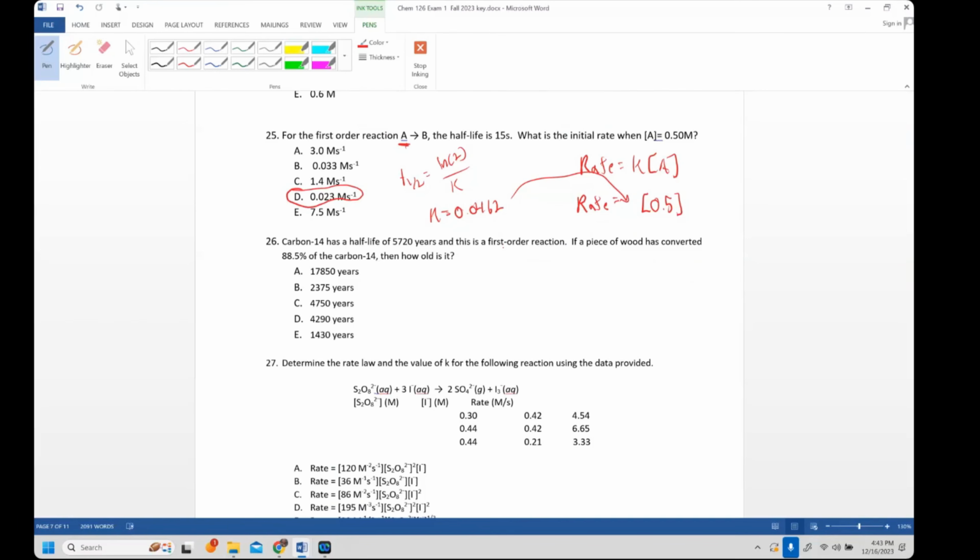In this case, again, like the other one before, we need to read the question carefully. So it's first order. So we know natural log of A final.